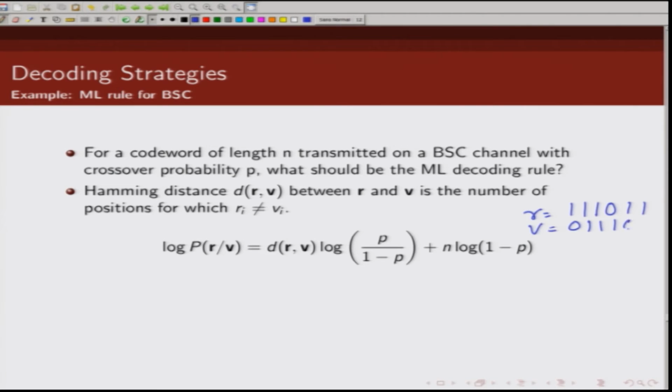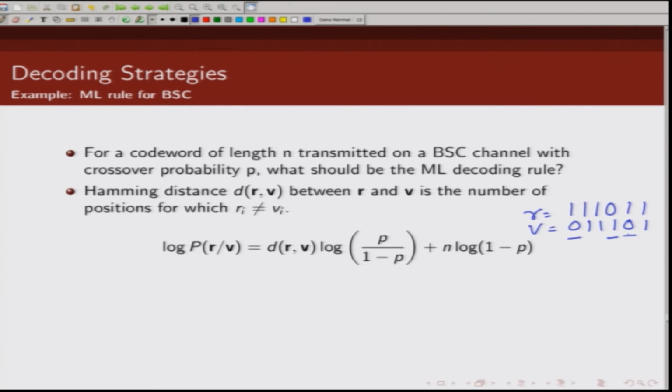It differs in the first location, that is 1; not differing here, not differing here; differing here, that is 2; differing in this location, that is 3; not differing in this location. So, R and V differ in 3 locations, and the Hamming distance between R and V is 3 in this case.